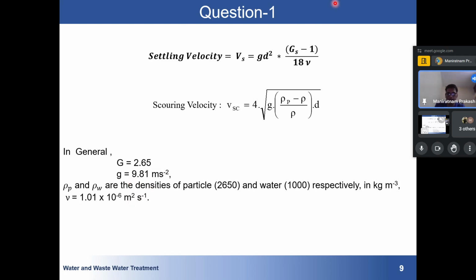So here this will be meter per second square, this will be meter square, this will be unitless, and this again will be meter square per second. So this meter square will get cancelled out, and this second square will get cancelled out. You will be getting the unit of velocity as meter per second.